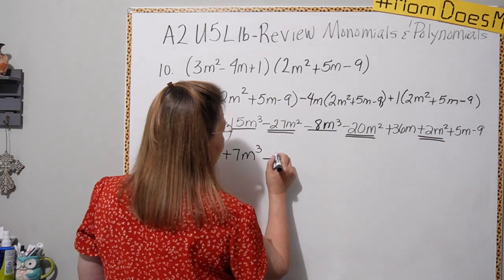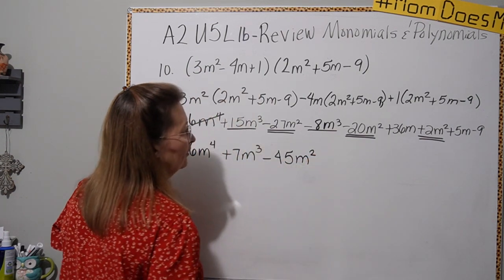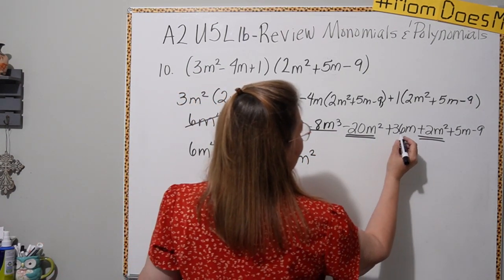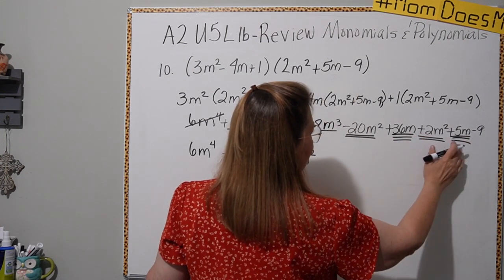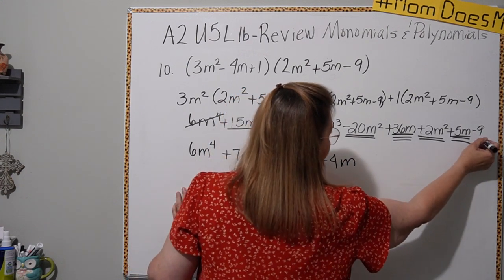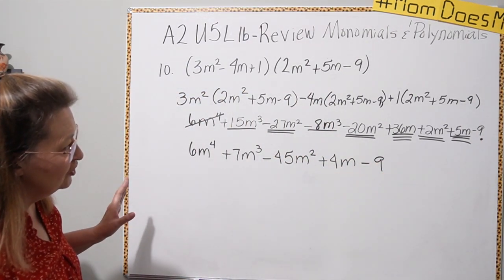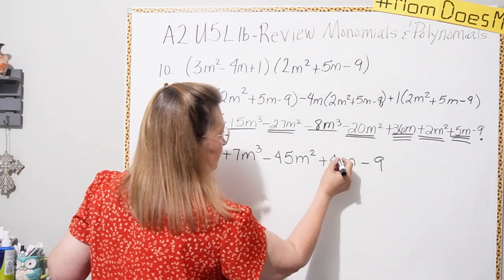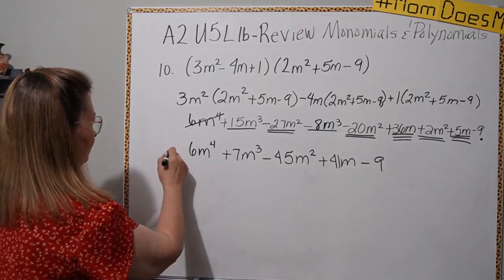Plus 2 more is going to be negative 45m². All right, the next thing is positive 36 plus 5, which is going to be positive 41m. And then that minus 9 stands alone. So I go back and check. That should have been 41, and I'm good to go.